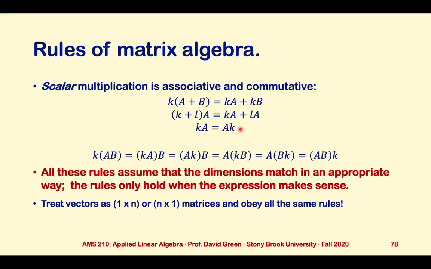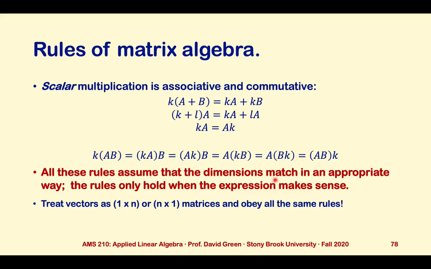Furthermore, we can put a constant into a product. K times the product AB, we could multiply A by K and then by B, or we can multiply K by B and then by A. It doesn't matter which one we do.